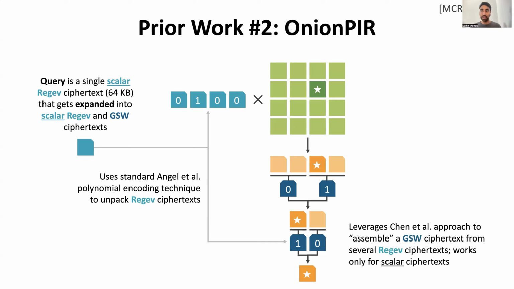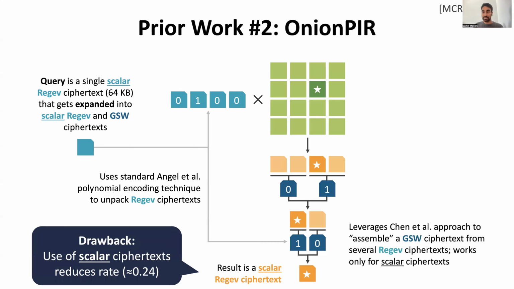But all of these ciphertexts and all their transformations operate on scalar ciphertexts, so the output is a scalar ciphertext, which means that the rate is not very good. The rate is only 0.24 in this other work. So they achieved small queries. Their query is only 64 kilobytes. But the rate, meaning the ratio of the record size to the response size, is very small.